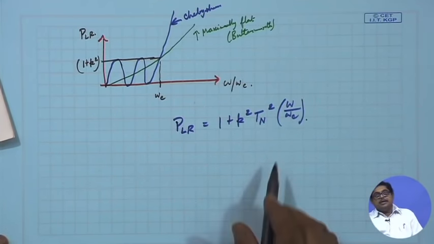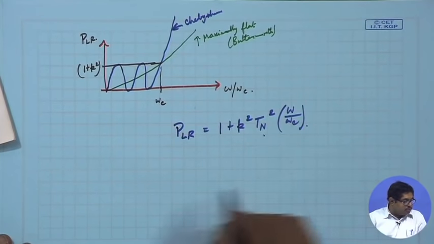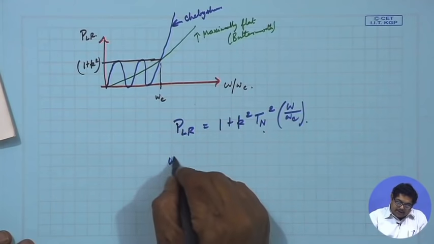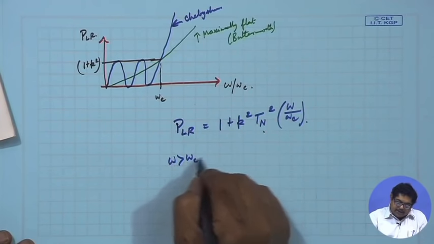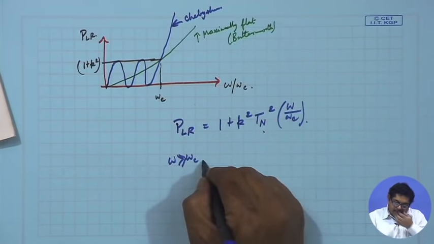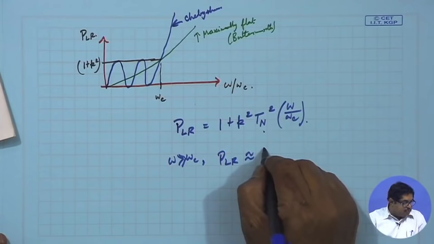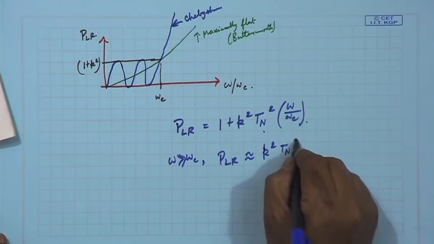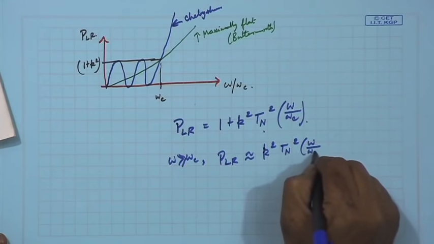Now, T n is the Chebyshev polynomial of order n, and we choose it like this. So, for large n, again I can say that when omega is greater than omega c, PLR is k square T n square omega by omega c.